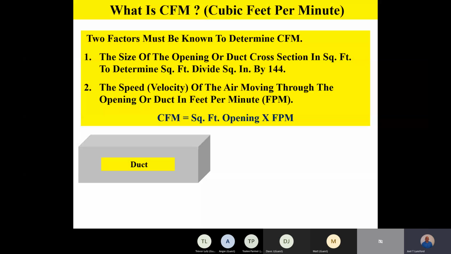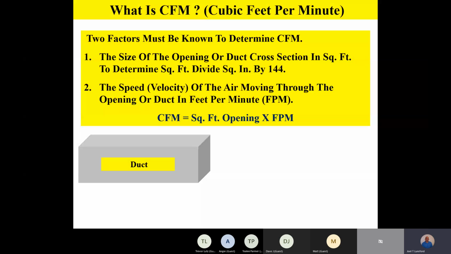So in this second example, clear your calculator for me, please. We have a 30 by 30 grill. If we take 30 times 30, that's going to give us 900 square inches. We then divide by 144 to get square feet, and then multiply that number times 0.8 to get free area.